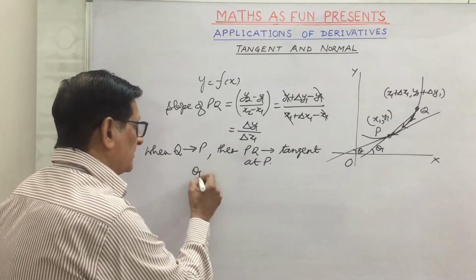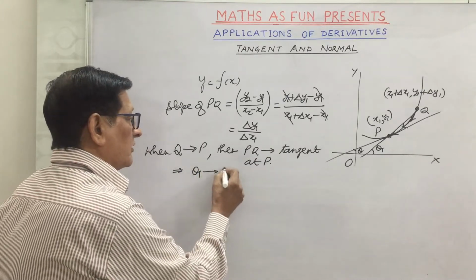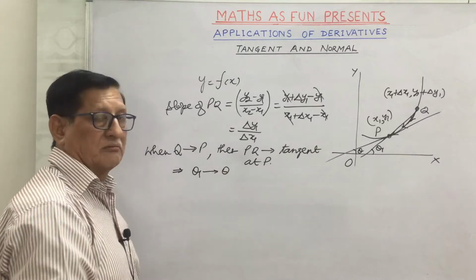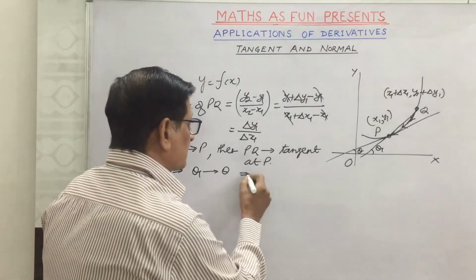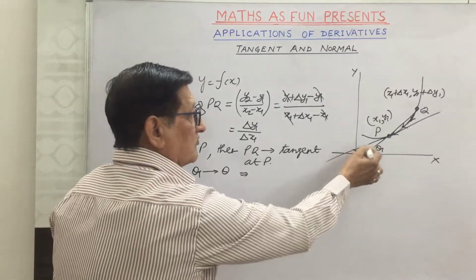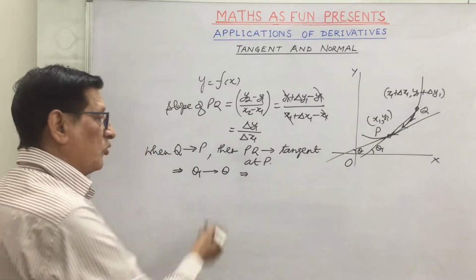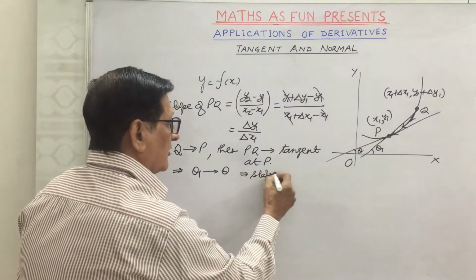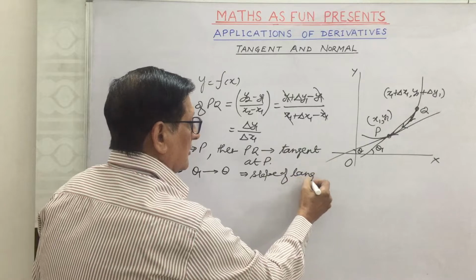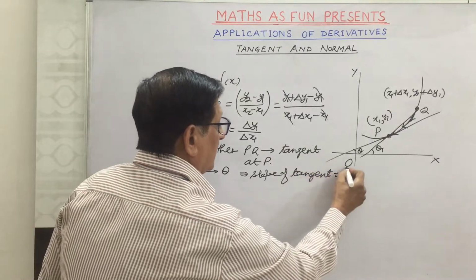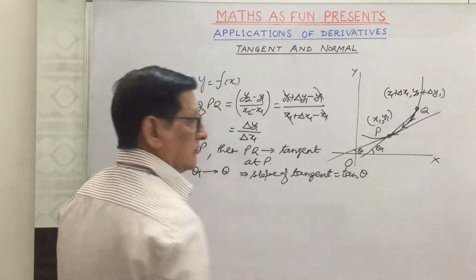Then certainly theta 1 will be tending to theta. And hence we can say that slope of this will become tan theta. So what will be the slope of tangent? Slope of tangent will be tan theta.